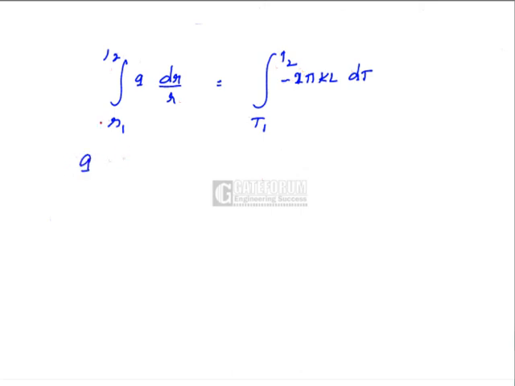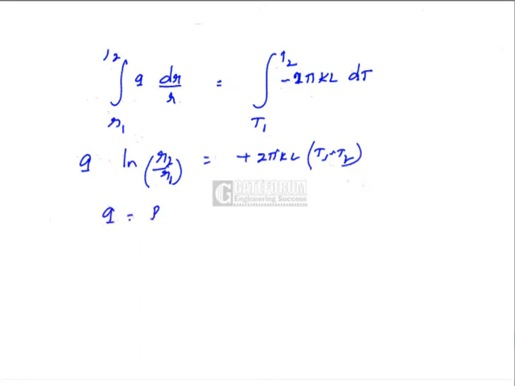Q is a constant, Q is not a function of R, therefore it can be taken out of the integral. Log R2 by R1 is equal to, interchanging the limits, you can remove the minus, plus 2 pi KL into T1 minus T2.